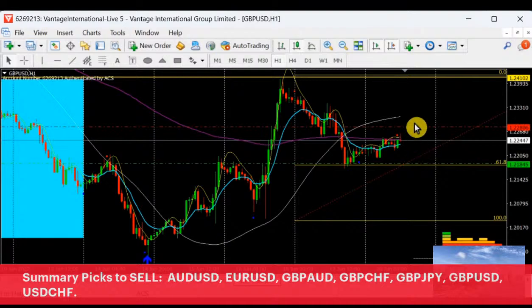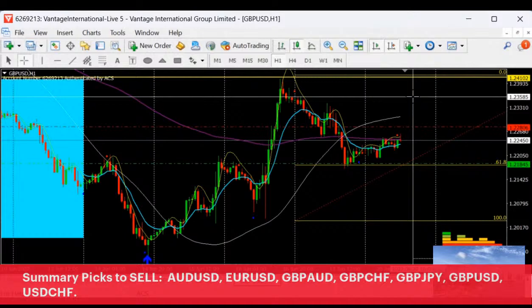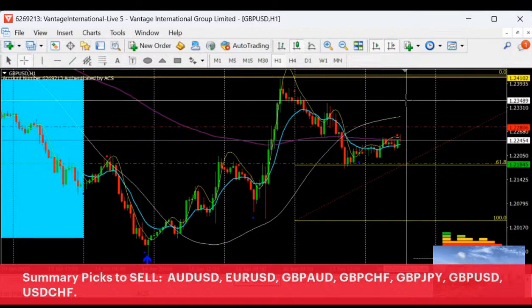If this level is broken, then very likely it will still go up to this level, around this area.